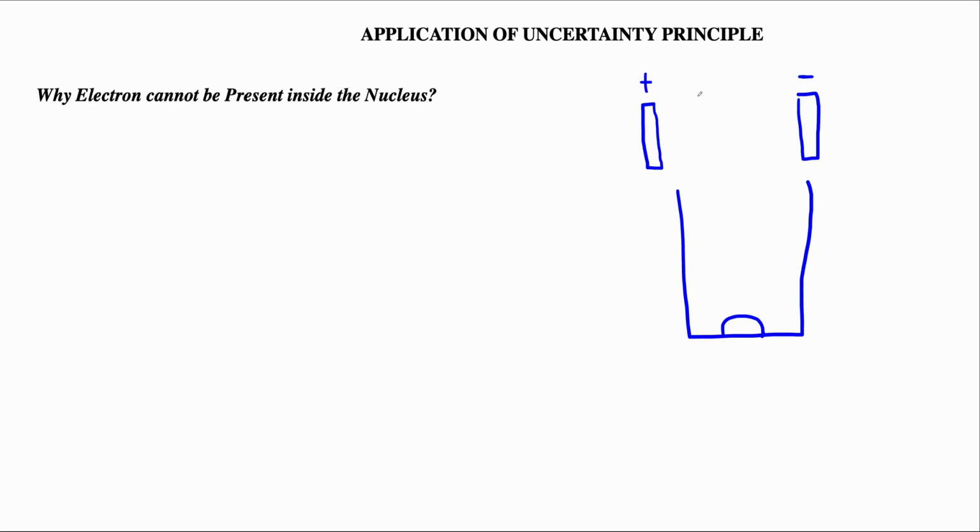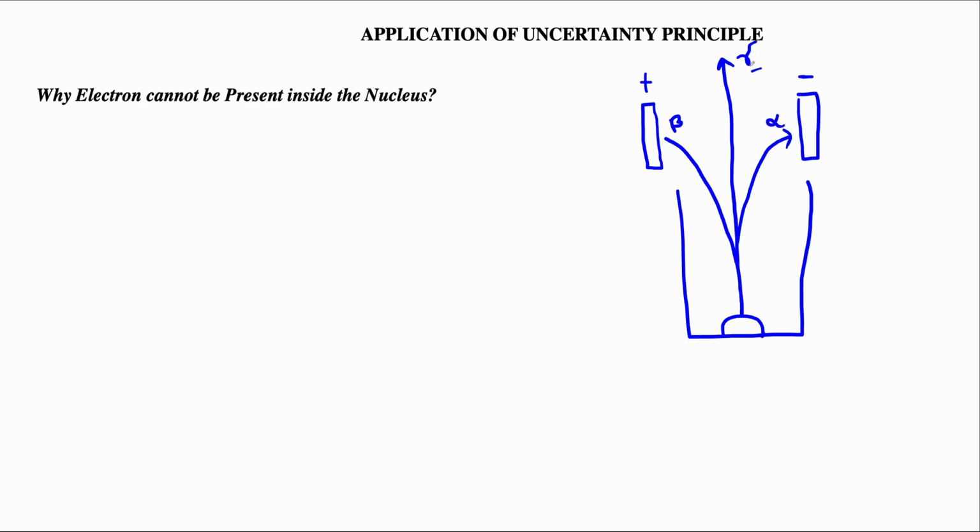Now, when we take a radioactive element, there are three kinds of radiation. One is gamma radiation, another one is beta radiation, another one is alpha radiation.